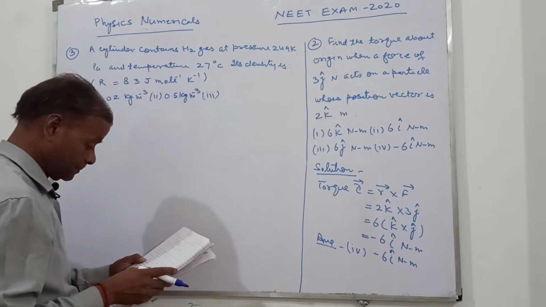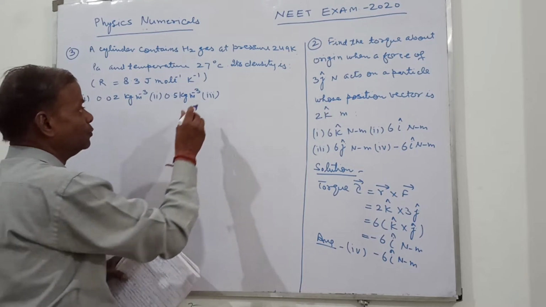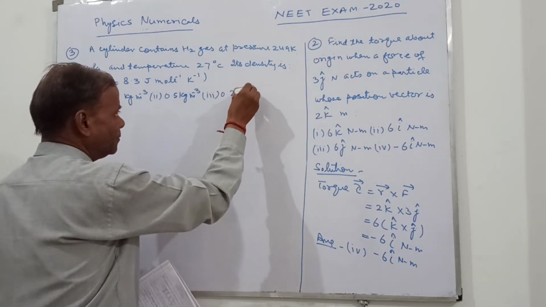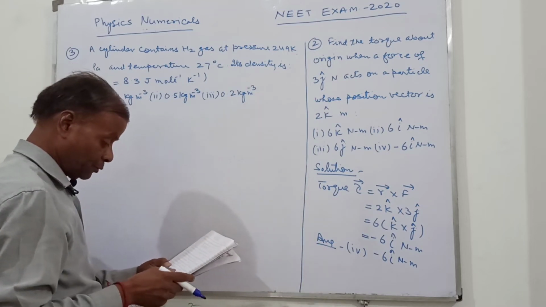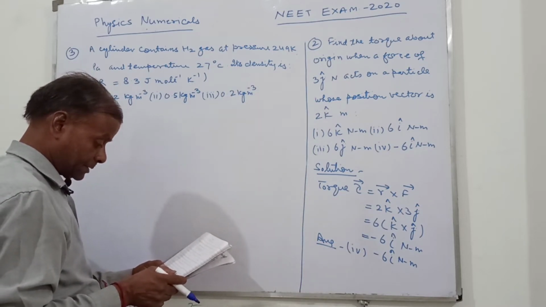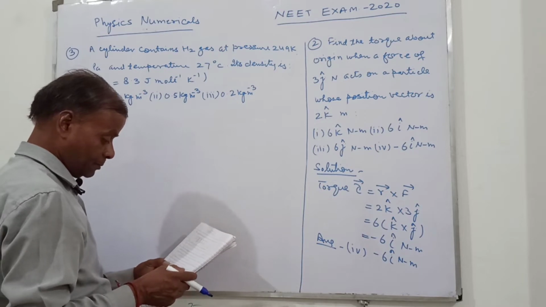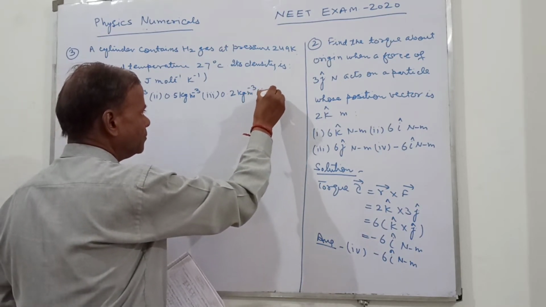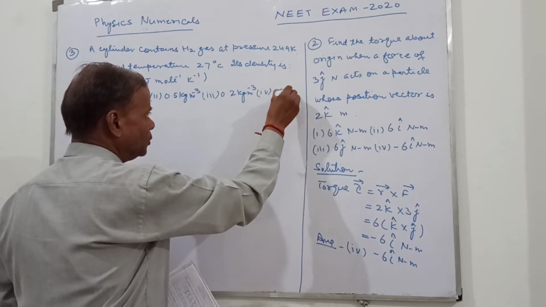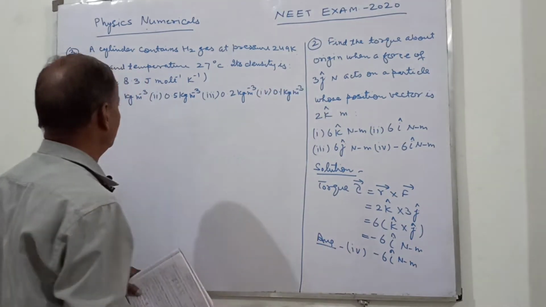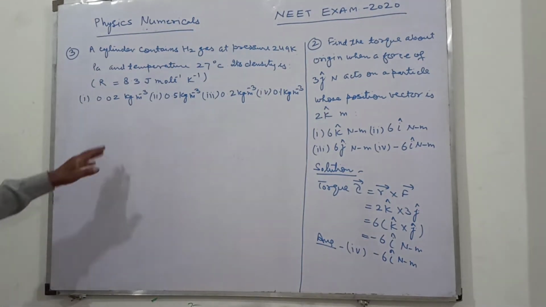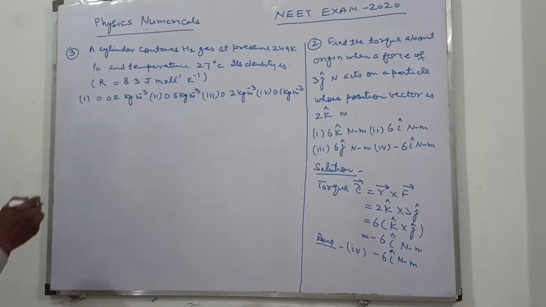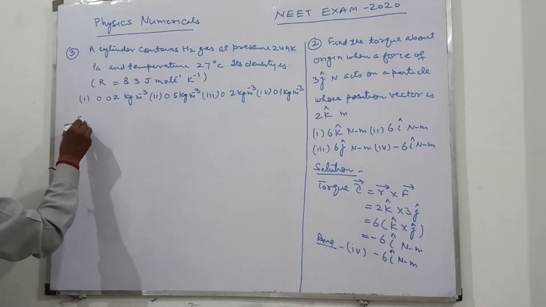Third, 0.2 kilogram per meter cube, and fourth is 0.1 kilogram per meter cube. You have to choose the correct option. Now, solution.